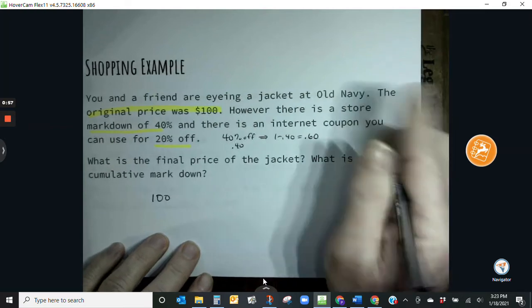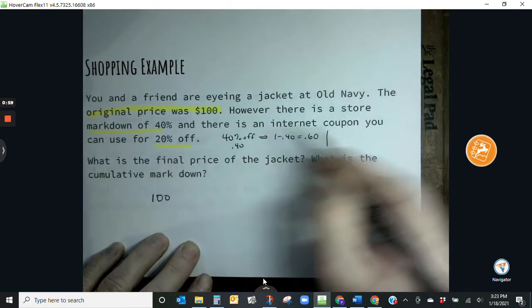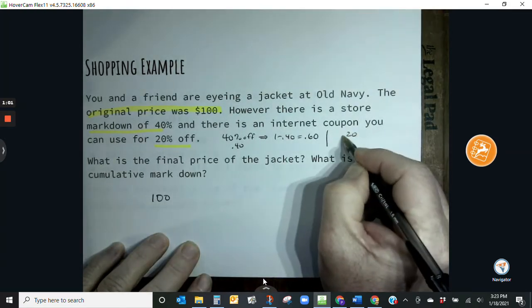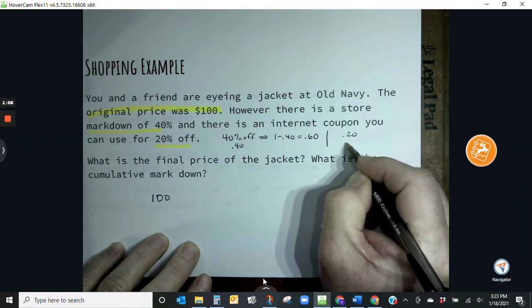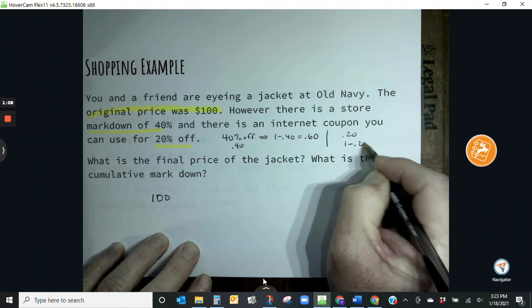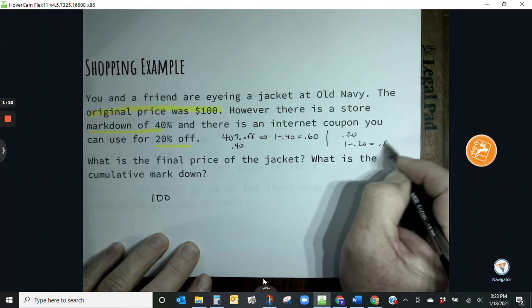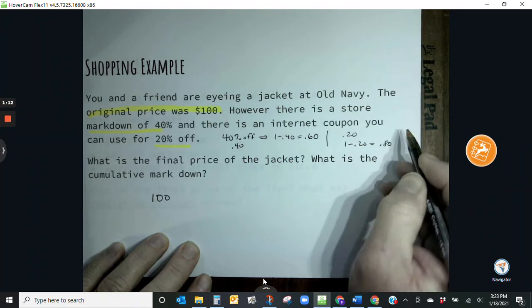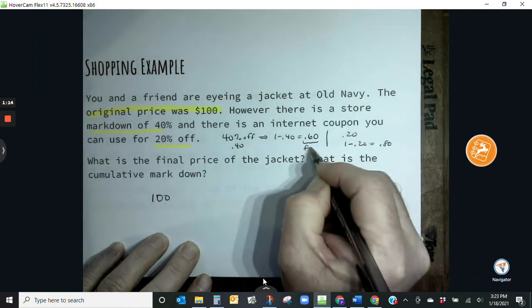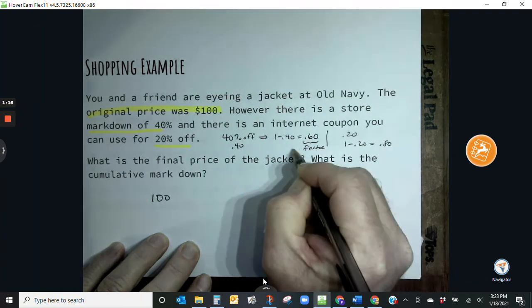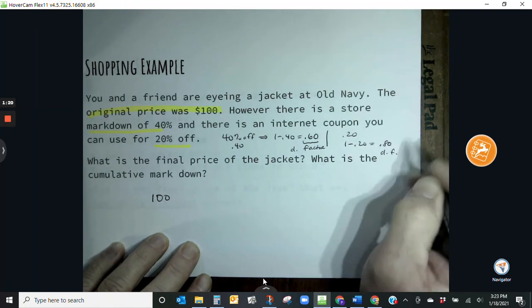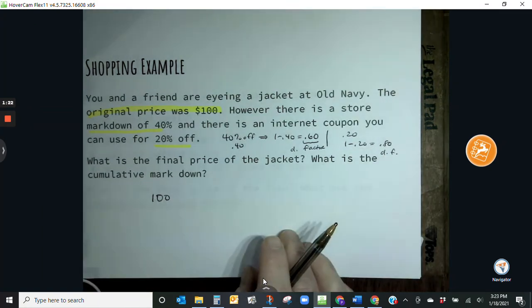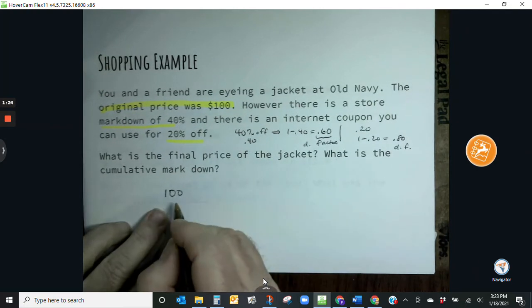If I have a 20% off, that's my R, and 1 minus that is my factor, which is 0.8. So this is one decay factor, and this is my other decay factor.